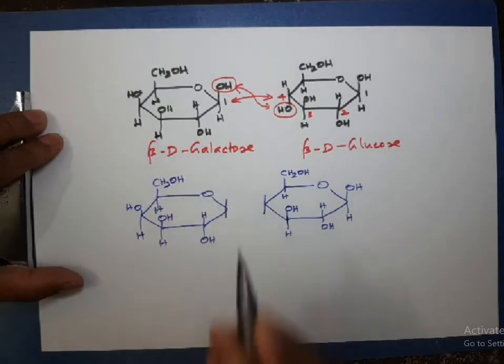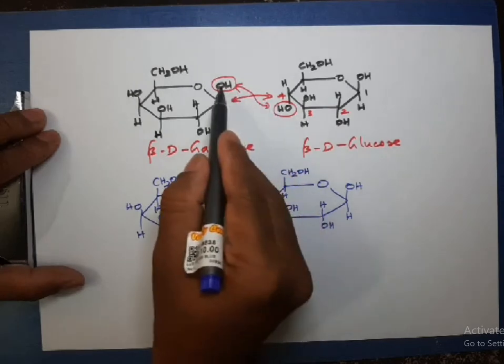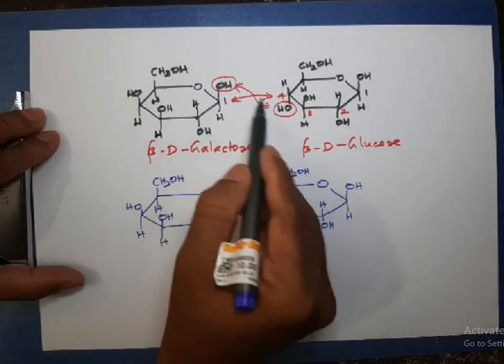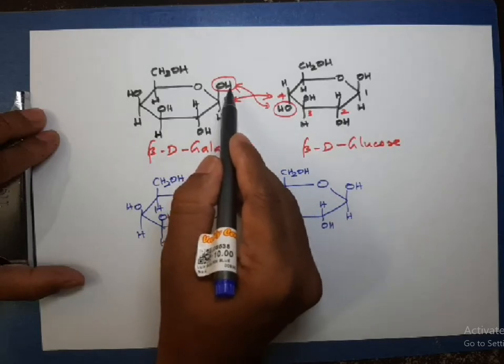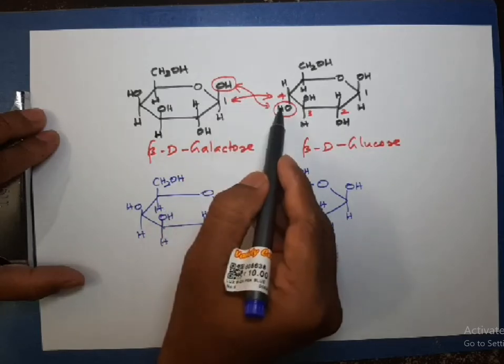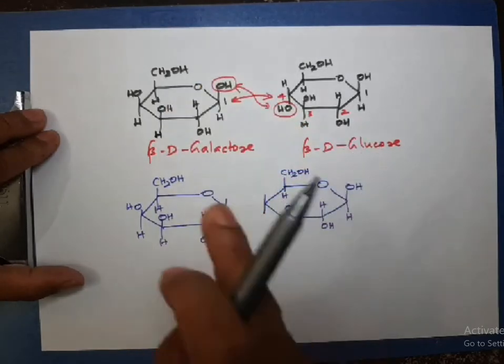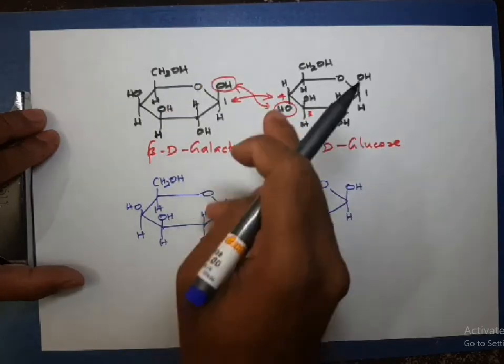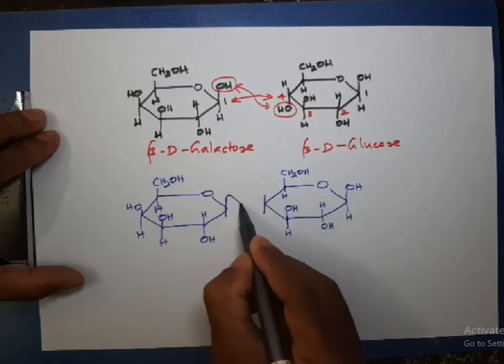Now I'm going to remove a water molecule from these two OH groups. If you remove H2O, one oxygen will remain, and using that oxygen I am going to connect C1 and C4. How? See, this way.